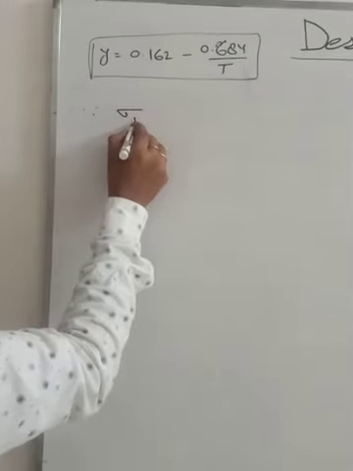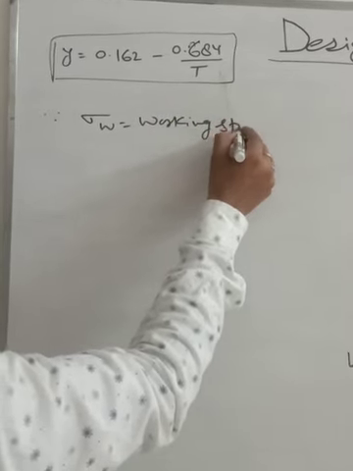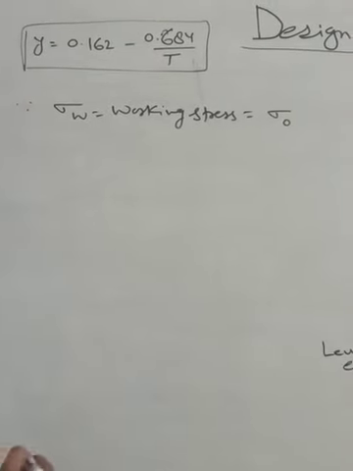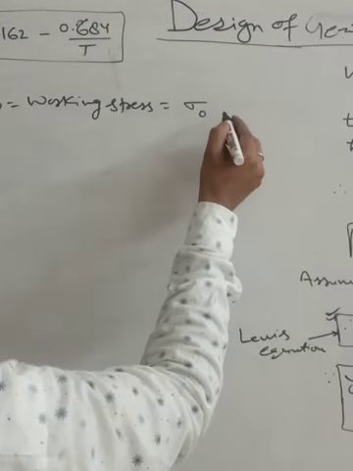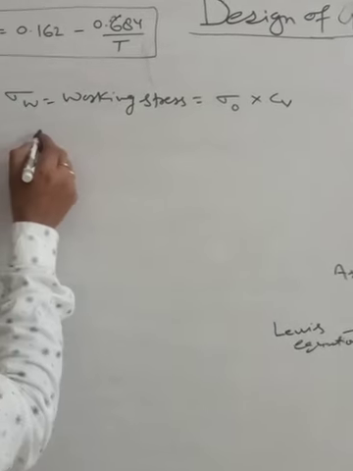Sigma w is your working stress, and this working stress is given by the product of the allowable static stress multiplied by a velocity factor.